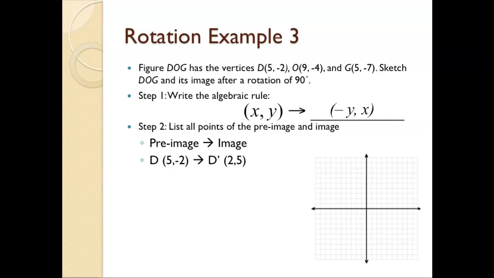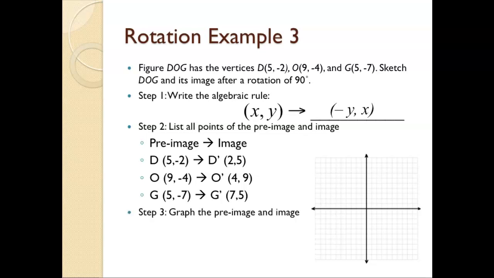Let's continue. So the next is (9, -4). Applying the rule would give us positive 4 for our x-coordinate, and then 9 for our y-coordinate. And the last point, (5, -7), becomes (7, 5).